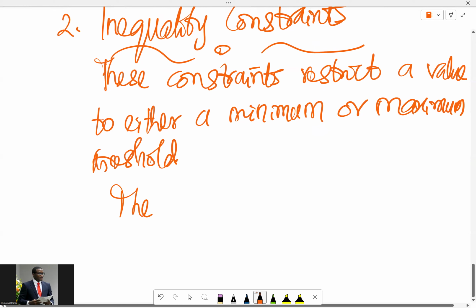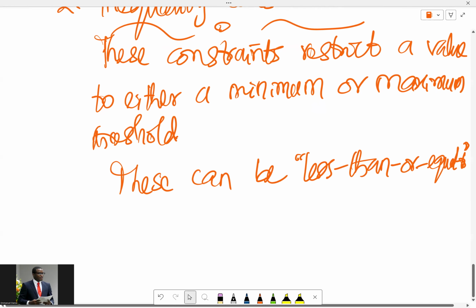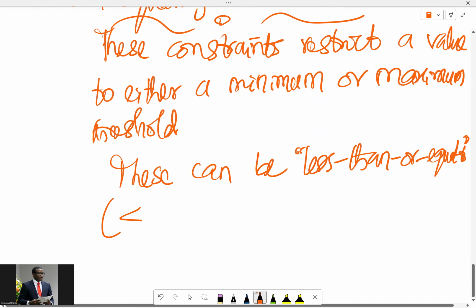So this can be less than or equal to, like this, or greater than or equal to.